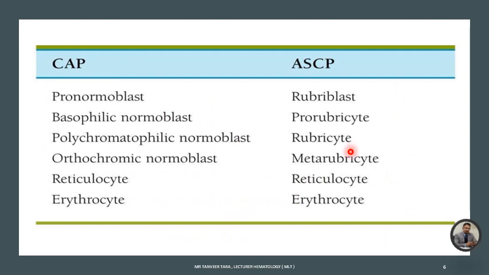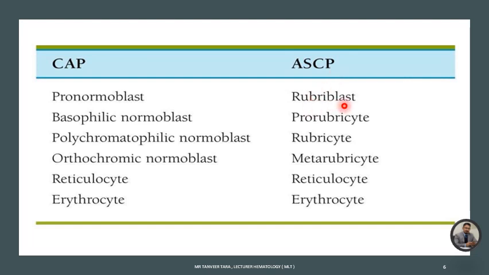Now we have different nomenclature as well, like CAP and ASCP. CAP is the College of American Pathologists, and ASCP is the American Society of Clinical Pathologists. They use different nomenclature for staging. In CAP, we have pronormoblast, then basophilic normoblast, polychromatophilic normoblast, orthochromatophilic normoblast, reticulocyte, and finally erythrocyte, whereas ASCP uses different nomenclature.